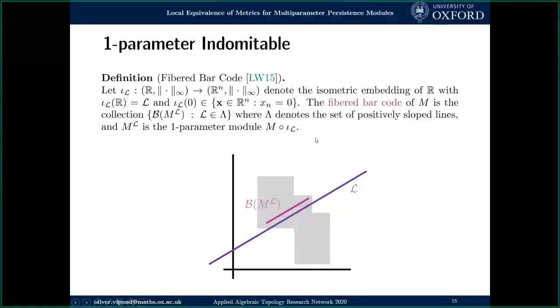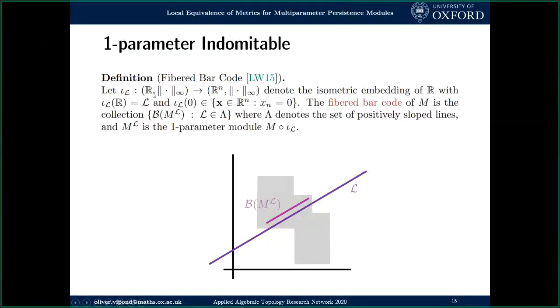So one approach to analyze multi-parameter persistence modules is to try and leverage all of the information we know about one-parameter persistence modules. And so there's a nice idea of Mike Lesnick and Matthew Wright to look at all of the one-dimensional slices of a multi-parameter persistence module.